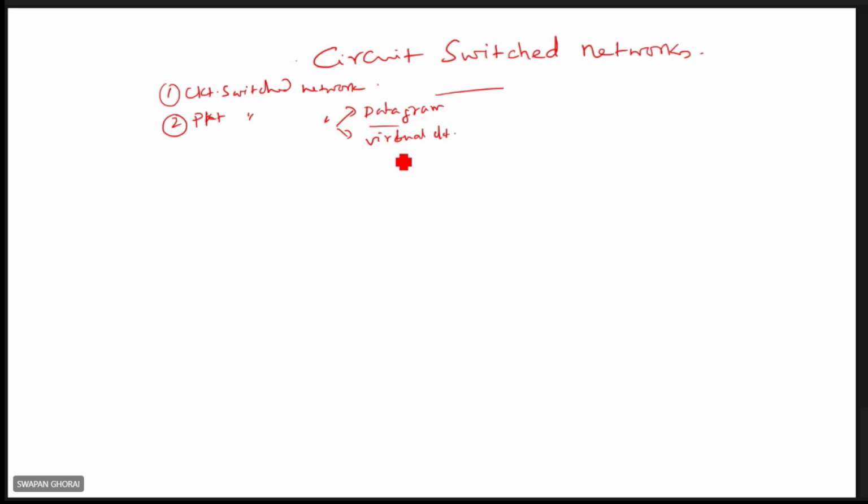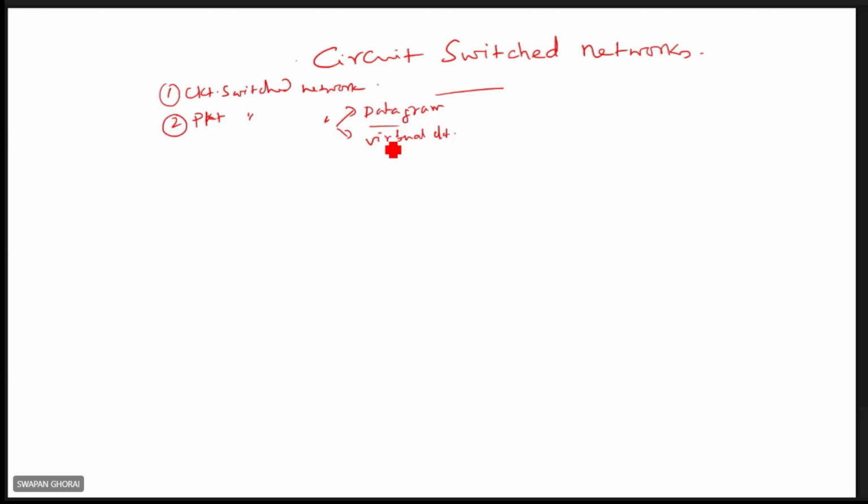But in the virtual circuit approach, first a logical connection is established, very similar to a circuit switch network, between the two stations. Next, data are transferred.